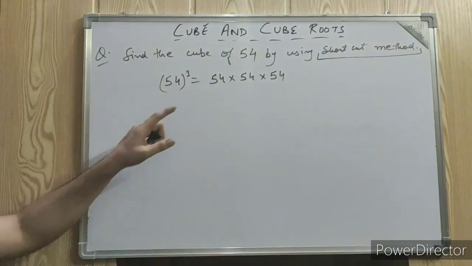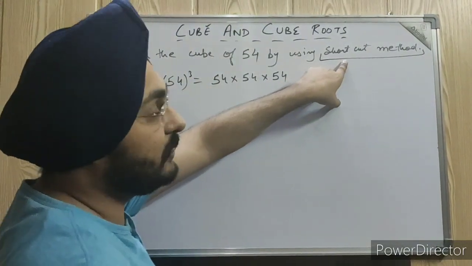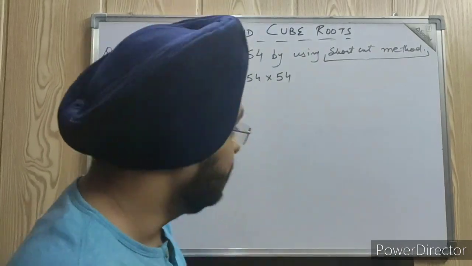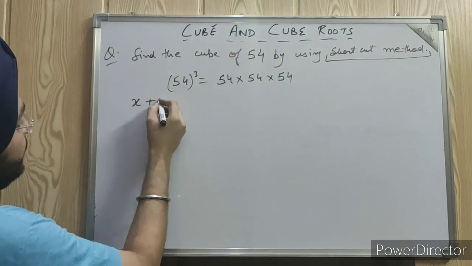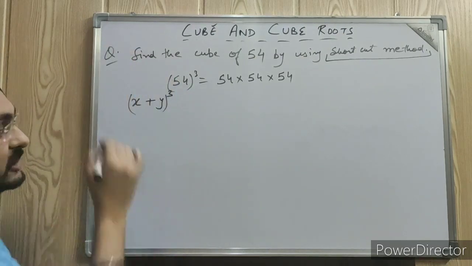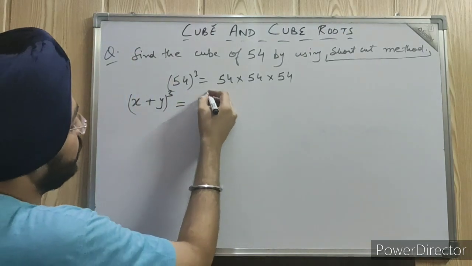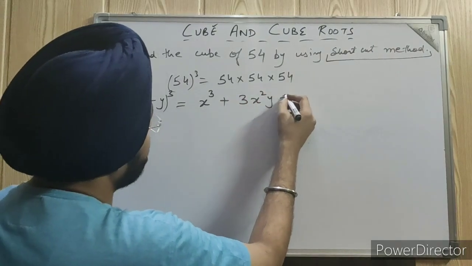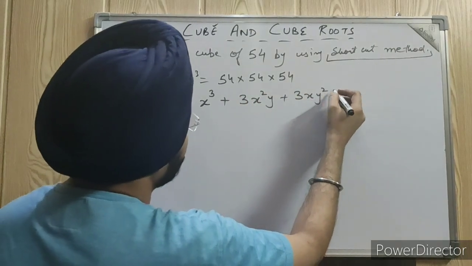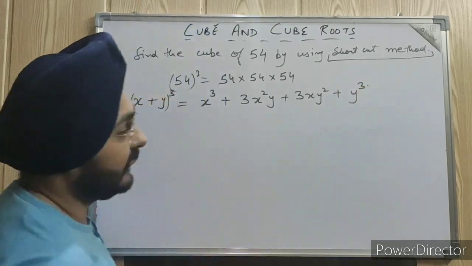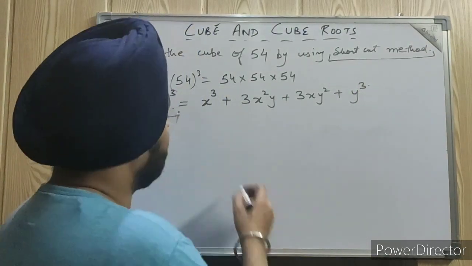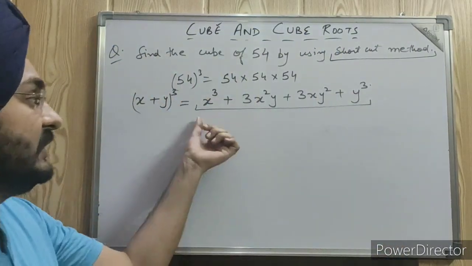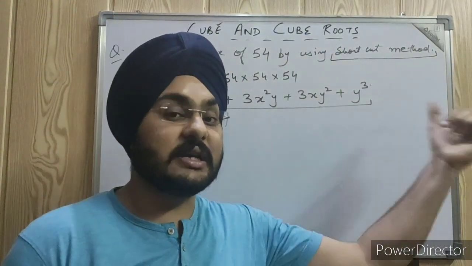So for this shortcut method, we will generally use the identity of cube. Basically that identity is: x plus y whole cube will be equal to x cube plus 3x square y plus 3x y square plus y cube. You have to remember these variables, these things which I have written here.